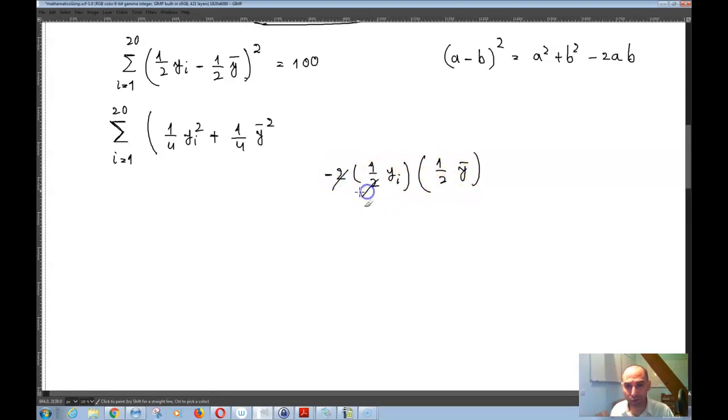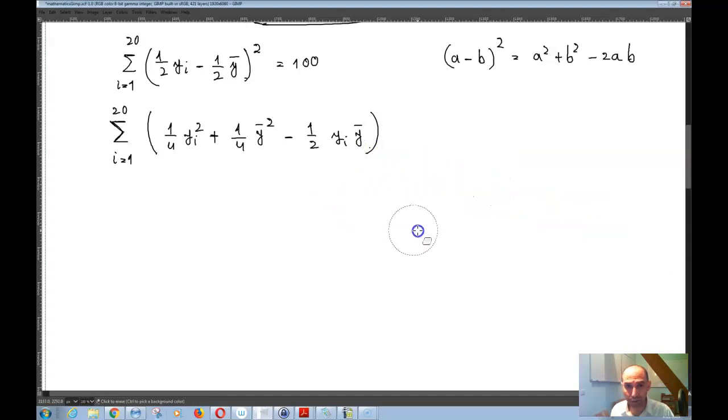So 2 and 2 you can cancel out, and you will get negative 1/2 times y of I y bar.